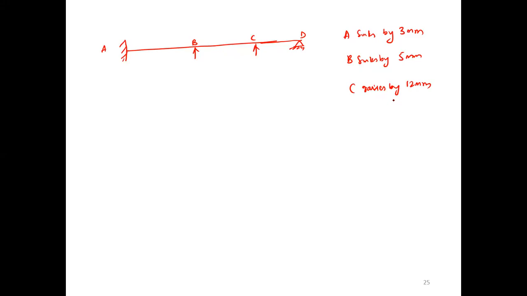Try to write the deflected shape. And I also require the member deflections. What is delta AB? What is delta BC? What is delta CD? These three values. You may get delta AB, delta BC in MCQ. In MCQ, they will give delta BC equal to 8 mm, 10 mm, 14 mm like that.